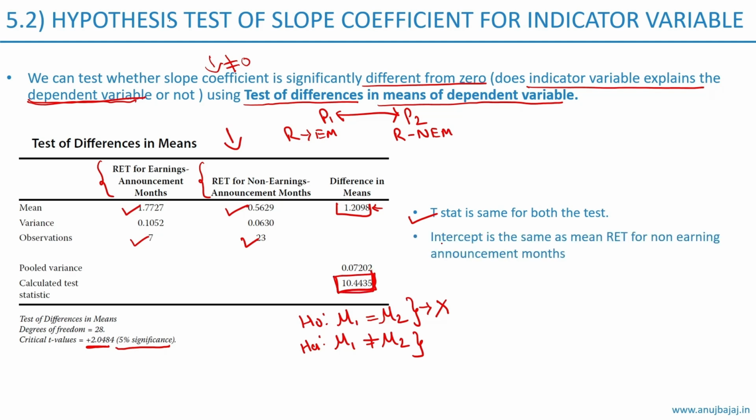The intercept in the regression model, which was 0.5629, is the same as the mean return for the non-earnings announcement month, and the slope is the same as the difference in mean. So we can also conduct the hypothesis test of the slope coefficient using the test of differences in the population mean.